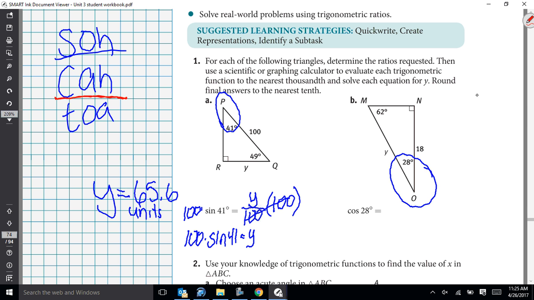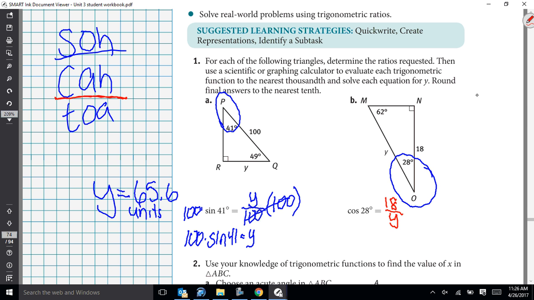Adjacent over hypotenuse. So cosine of 28 is our adjacent side over hypotenuse. What's our adjacent side? 18. And our hypotenuse is y. Okay, so we want to solve for y.